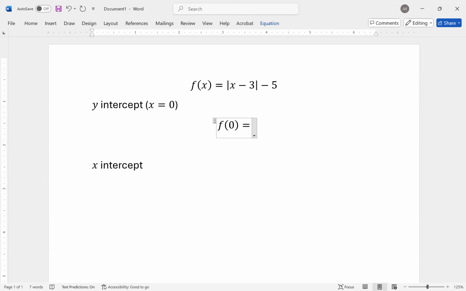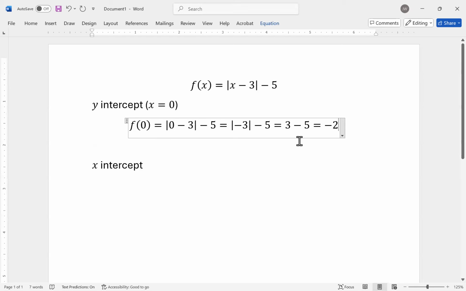So we're getting, in this case, absolute value of 0 minus 3, minus 5, which is the absolute value of negative 3, minus 5, which absolute value of negative 3 becomes a positive 3. Positive 3 minus 5 gives you a negative 2. So that means when I plug in 0, I get out a negative 2.